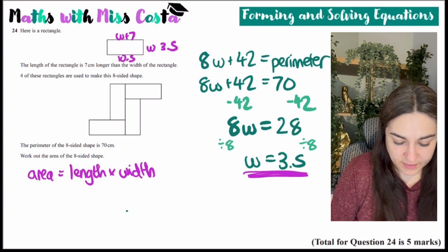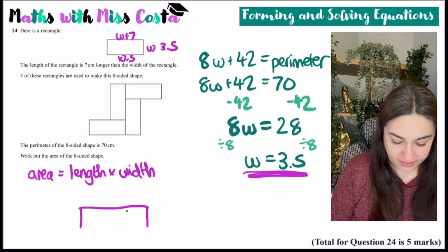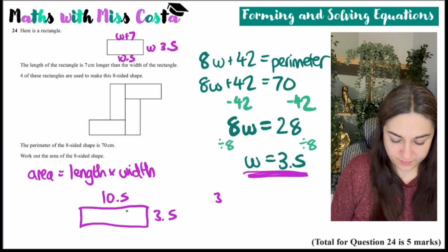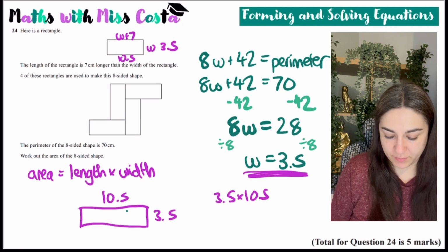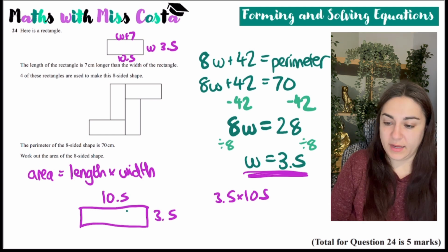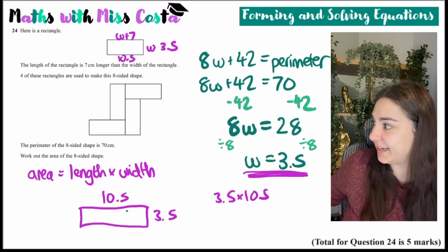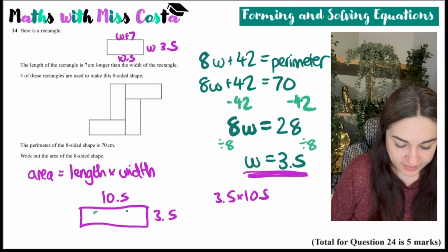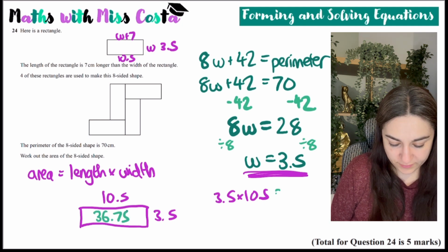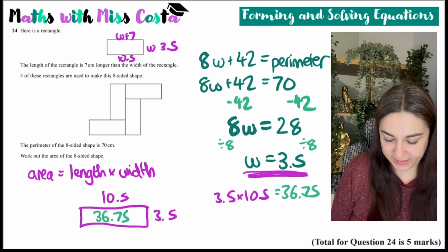So to work out the area of these rectangles, I'm going to do 3.5 times by 10.5. And that would give me an area of 36.75. So the area of each of these is 36.75.